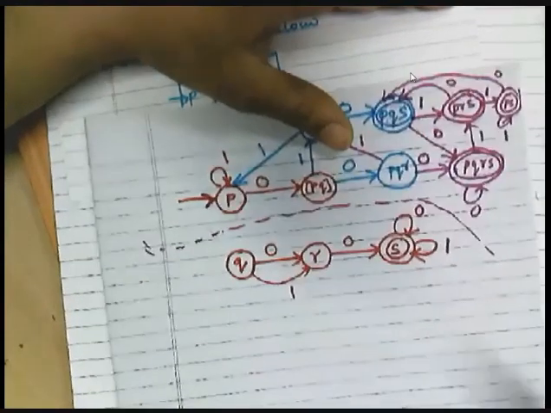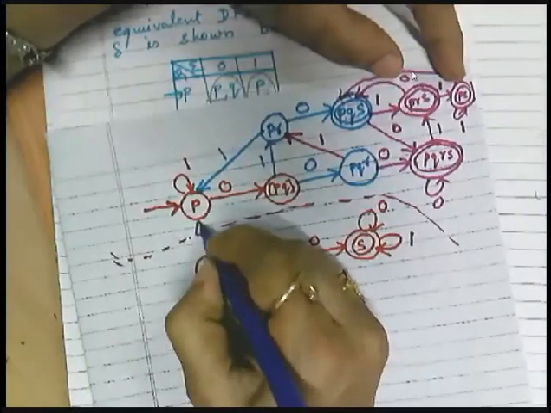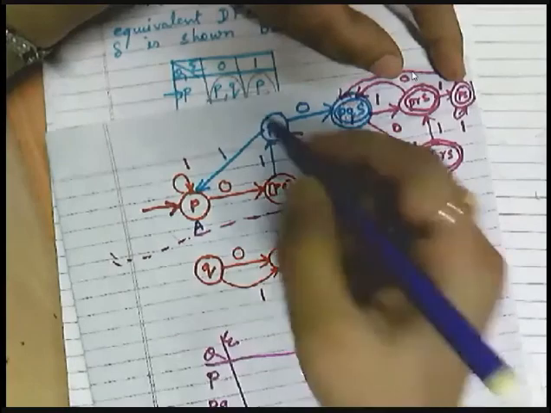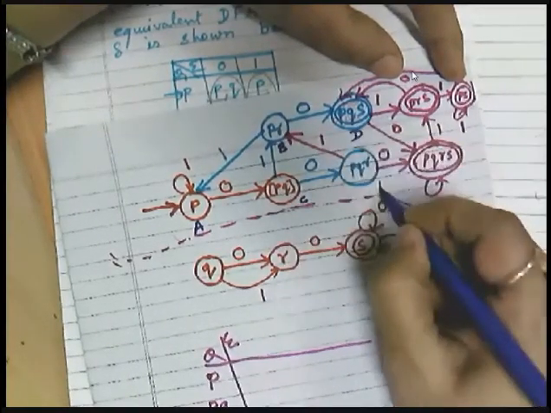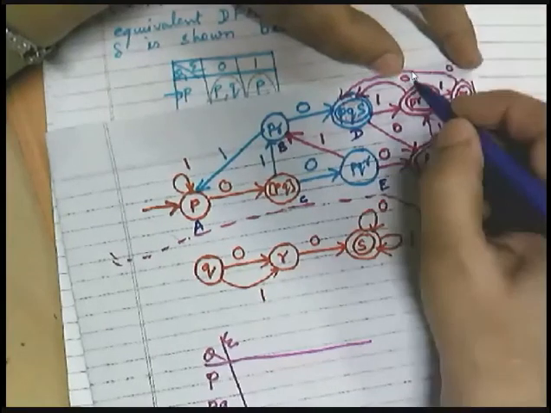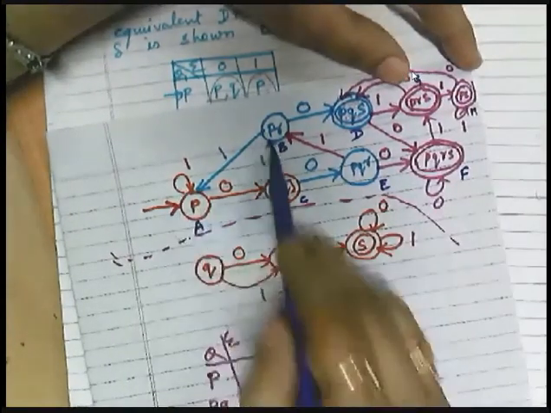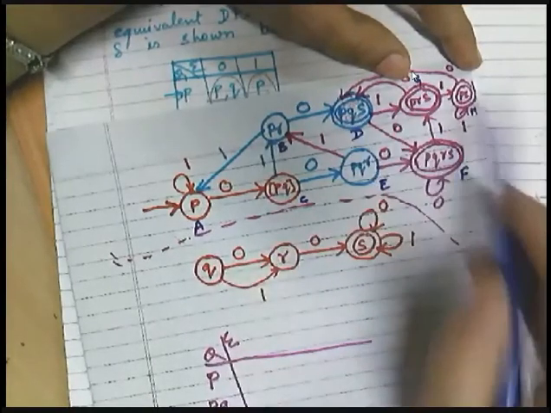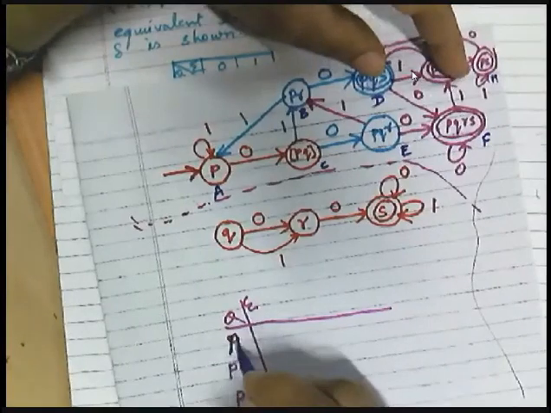Now we will try whether any minimization is possible. Nominating the states, I am writing below: A, B, C, D, E, F, G and H. How many states? 1, 2, 3, 4, 5, 6, 7, 8.